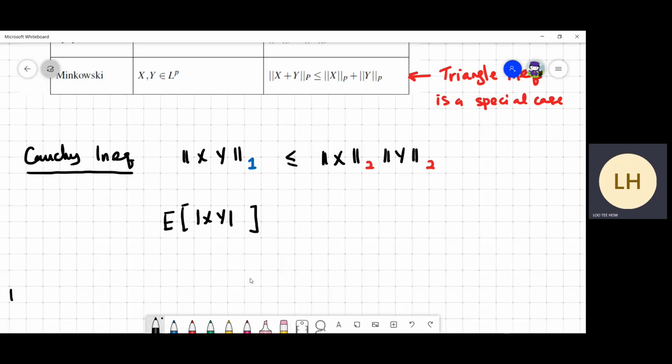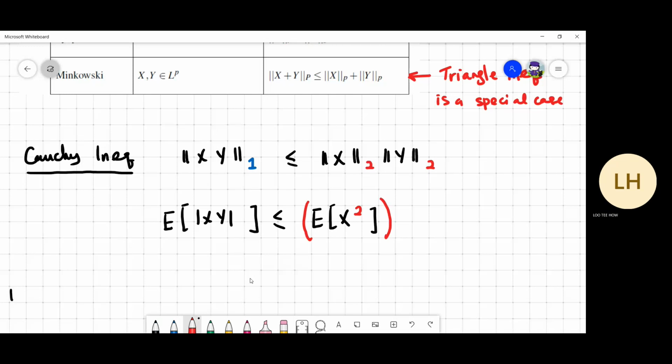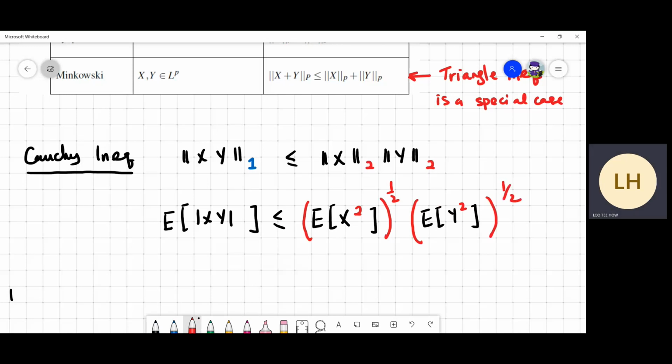This will be less than or equal to E of x to the power 2, and then we take another power of a half, likewise E of y to the power of 2, and then we take power of a half. This is the so-called Cauchy inequality in the form of our expectation value.